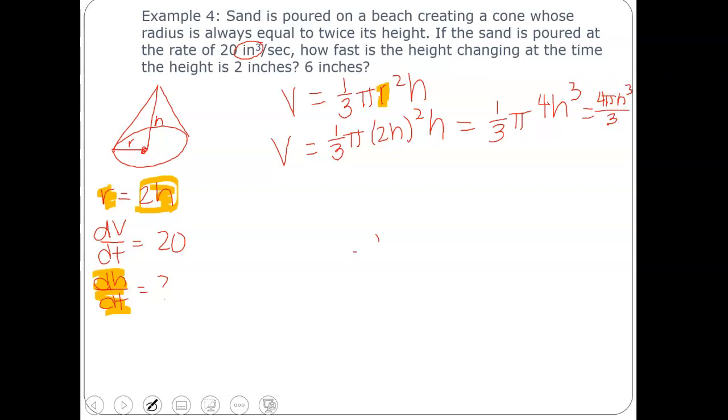So you get 4 pi h cubed all over 3. Now I have an equation that only has h, and I know dv dt, which will give me dh dt. So now I'm going to find my derivative.